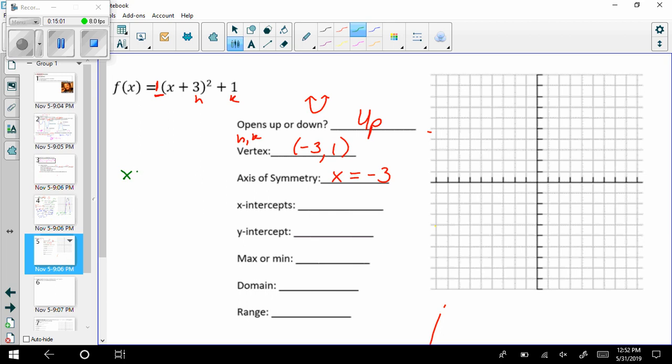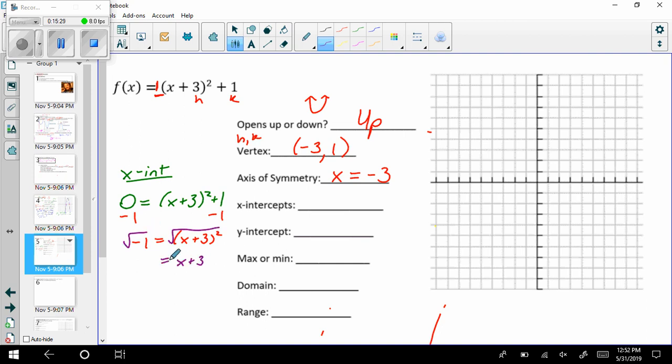The x-intercepts. To find the x's, I'm going to put 0 in for y. So to solve this, I could subtract 1. And then we're going to get rid of the square by square rooting. So I get x plus 3.